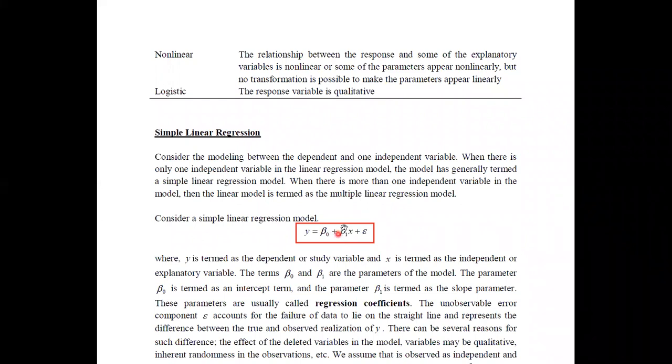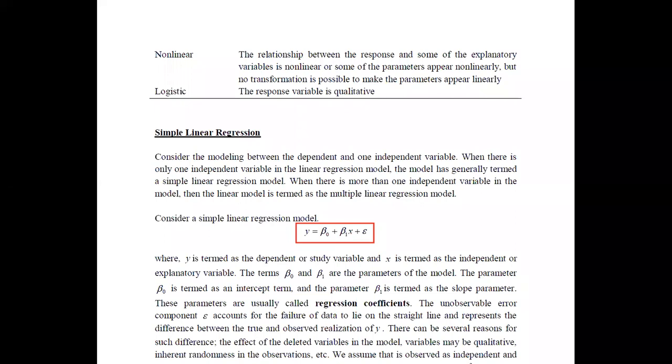Another term for the slope parameter, rather than saying slope parameter, is generally the regression coefficient. So this is the regression coefficient of the intercept, and in general we say this is the regression coefficient of the x variable, or the slope parameter.